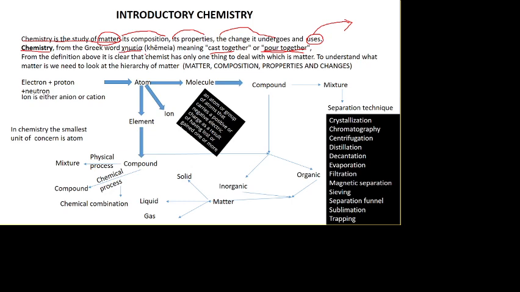Now, we have said that the matter that we are talking about depends on what? Composition, properties, as well as changes. So in this case, we look at the chemist as an entity that looks at matter under three things, which are what? Composition.